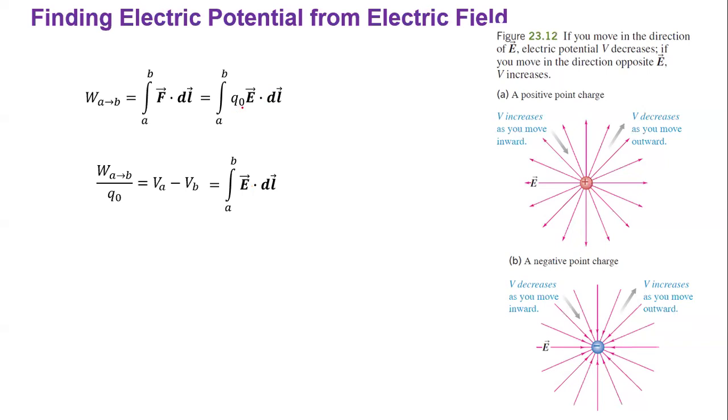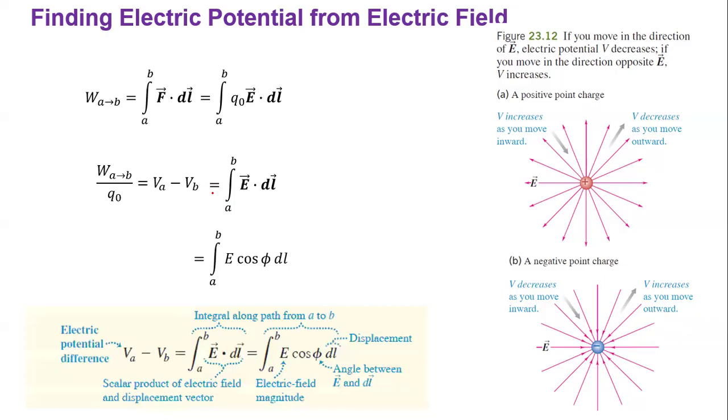Q sub O cancels. So from this formula, we get that the electric potential difference V A minus V B is equal to the integral along the path from A to B of the scalar product of the electric field and the displacement vector.